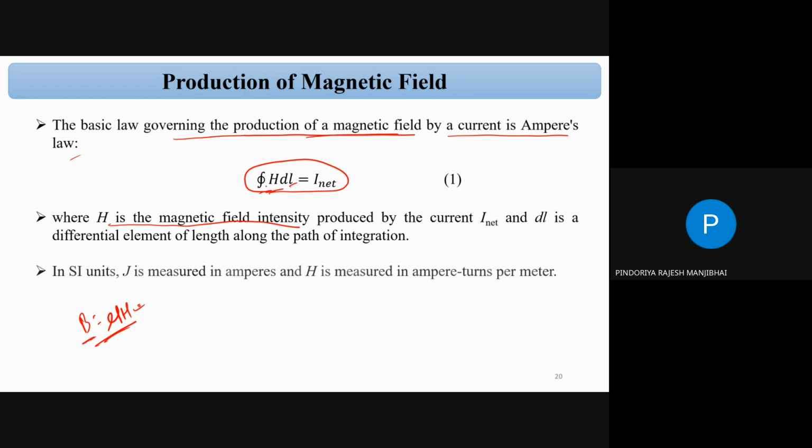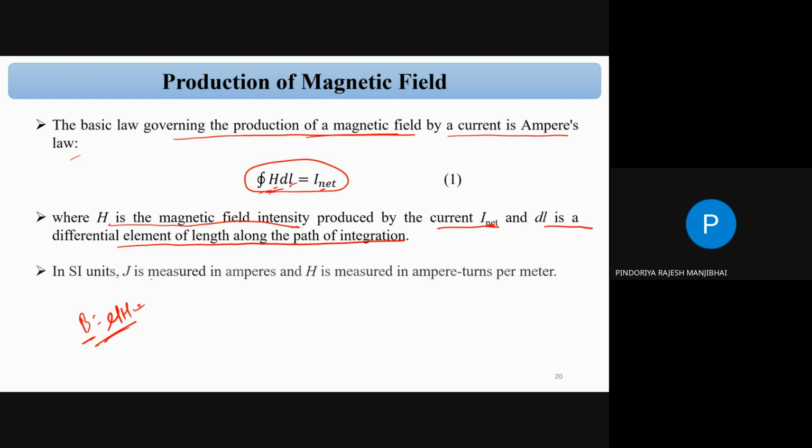So the closed integral of H dot dl is equal to I net. H is the magnetic field intensity produced by the current, that is I net, and dl is the differential element of length along the path of integration. So L is a length, and I net is the current passing through the coil.